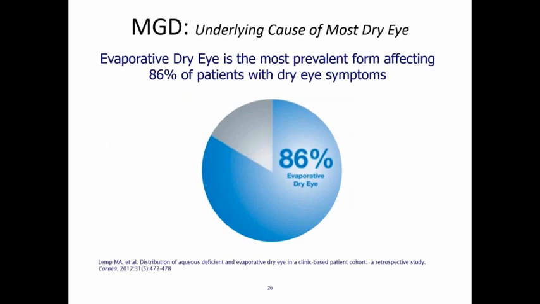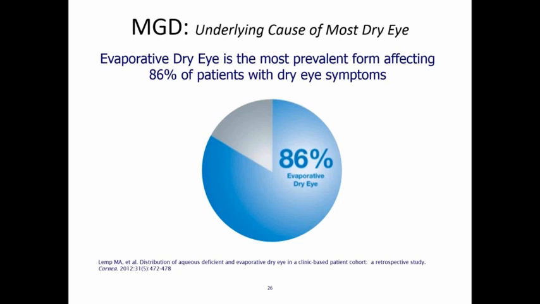So we recognize now, and the literature validates, that the vast majority of patients who have dry eye do not have aqueous deficiency. They don't have primary inflammation or a host of other things that we thought in the past. What they have is an evaporative issue, either as a primary or a contributing cause of their dry eye. And that includes patients that have rheumatoid arthritis-related dry eye or Sjogren's syndrome.